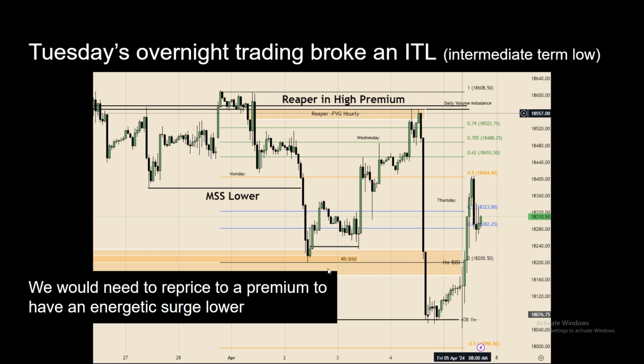Say we're trading Tuesday, finding support on the discount arrays. Okay, where could it draw towards? This breaker, this daily volume imbalance, this fair value gap, because we broke something lower and we need the trade to a premium to go lower again. So I hope you can take something away from this.